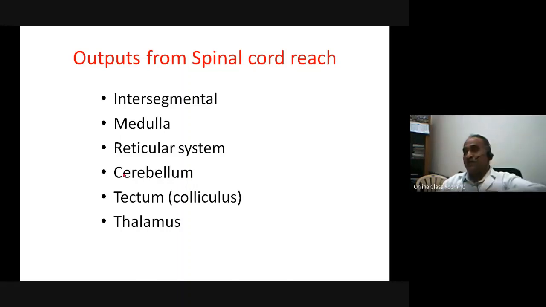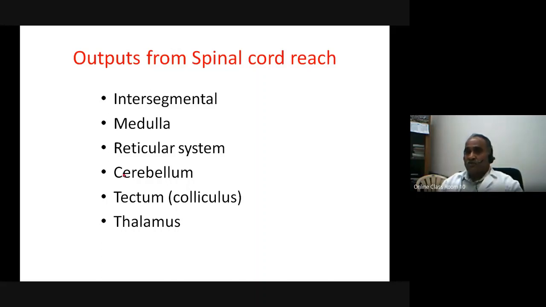That means one or two segments up or down through the Clark's column or some of these spinal columns, they will be reaching. That is intersegmental. Then there are some bundles reaching from spinocervical. They reach up to the cervical level.